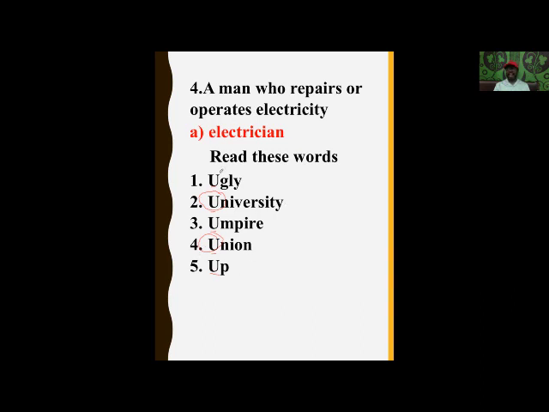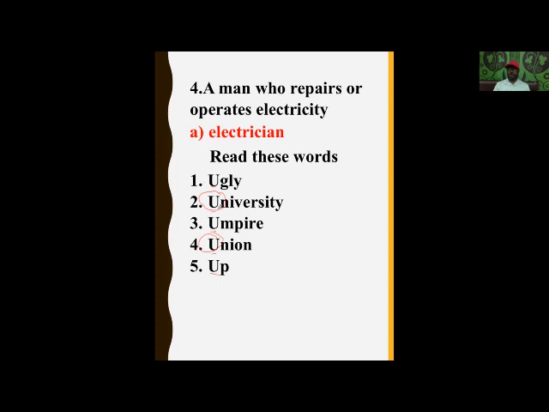The rest are different. Remember, we use a if a word begins with a consonant sound. A, E, I, O, U. Those are called vowel sounds. The rest of the sounds are called consonant sounds.